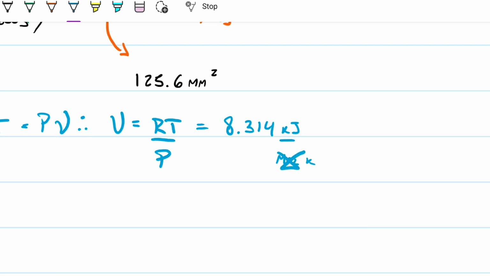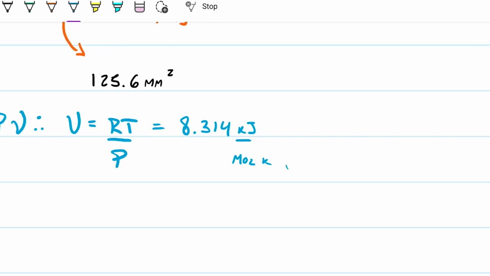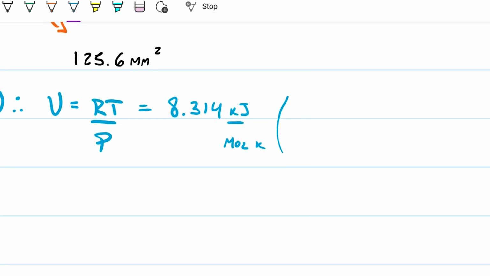Okay, so this is no good for me. What I can do to overcome that is relate the 28 grams I was given before. I was given that the molecular weight of nitrogen is 28 grams per mole, so I can use that to my advantage and therefore not worry about this. So that's what I'm going to do.